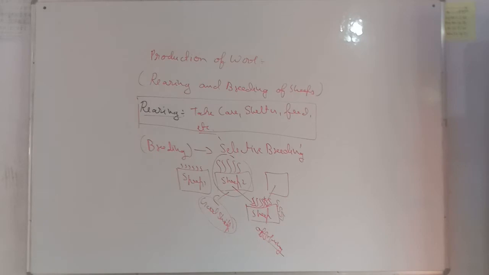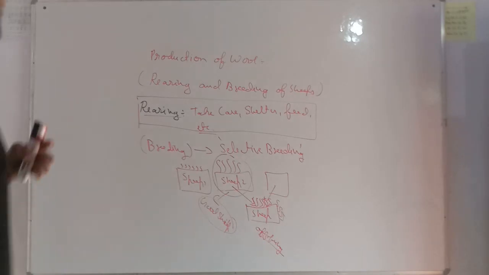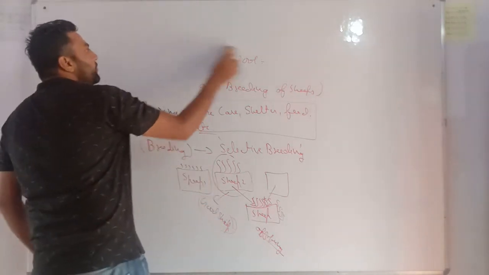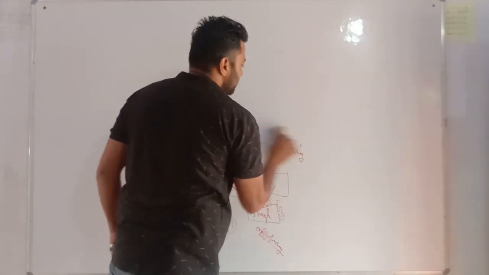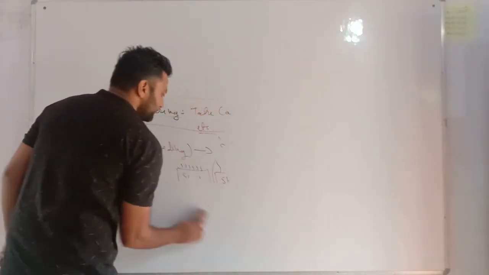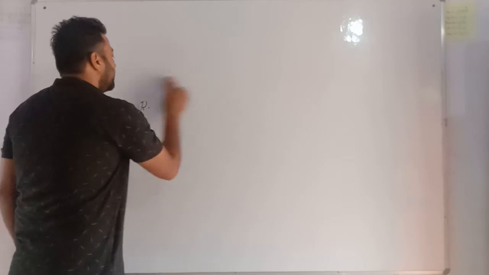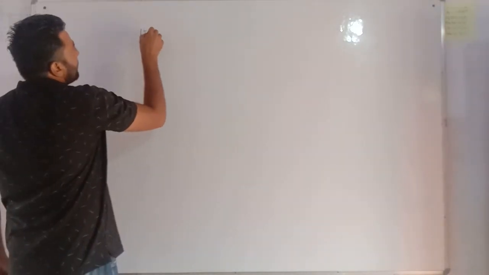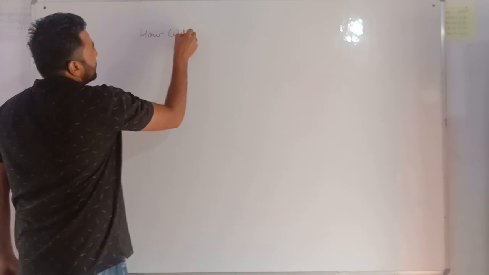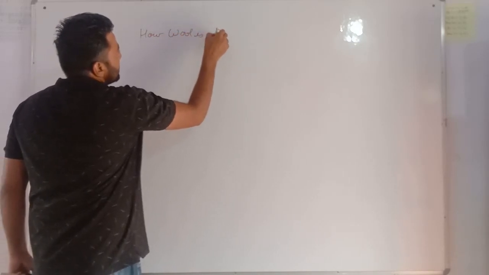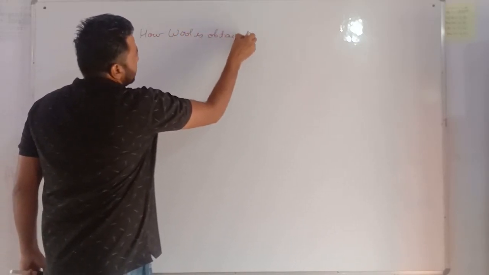See my dear students, after this process, how will you get the wool? To get the wool, we need to follow a set of processes. One by one, we will be seeing that. How wool is obtained?